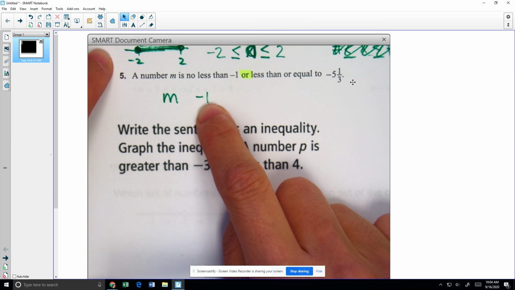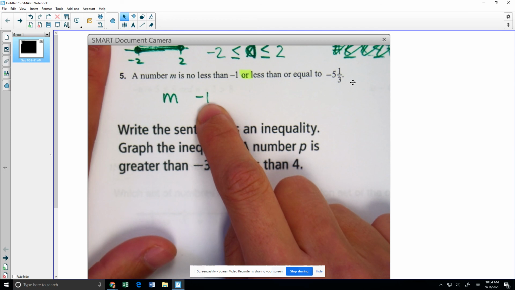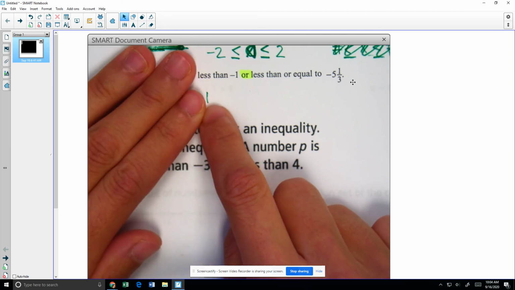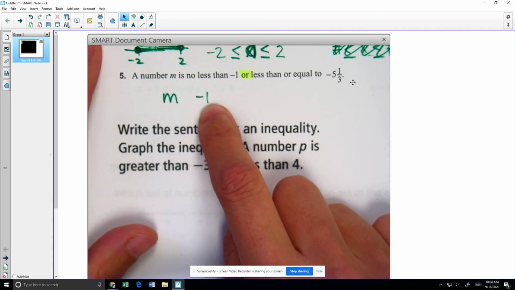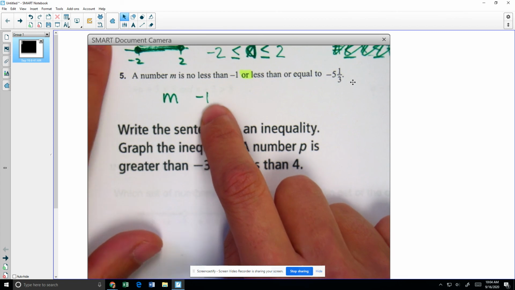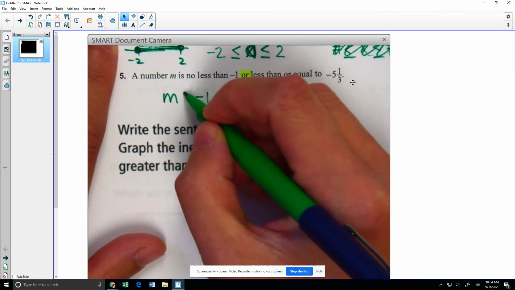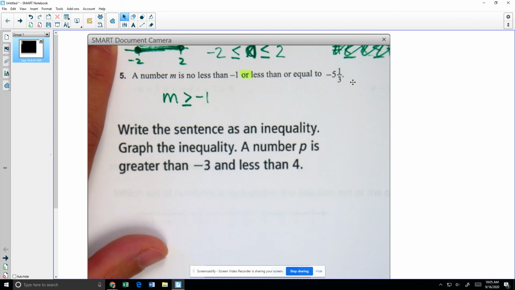You have no less than this. Greater than or equal to. So if you have no less than, let's just say $10, that means you don't have $9. You have $11, right? If you have no less than $10, you can be bigger than 10. So if you know less than -1, that means you can be bigger than -1.